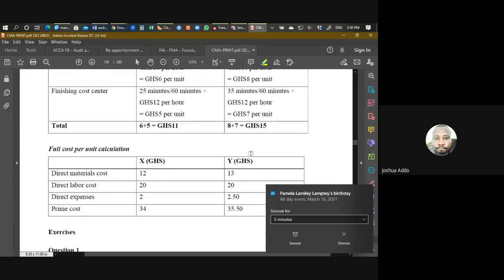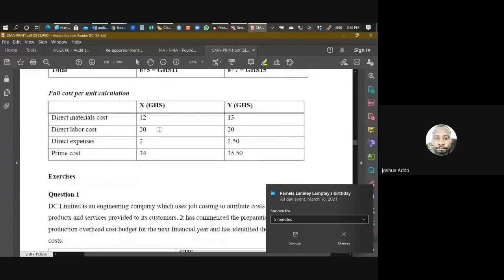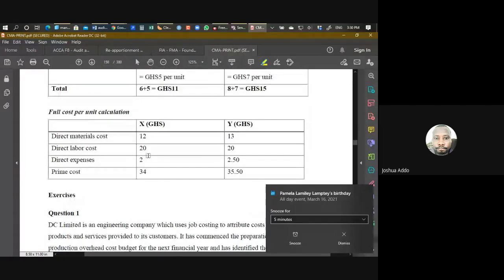So now if we are given the prime cost data, direct material is 12, direct labor is 20, direct expense is 2, giving us a prime cost of 34, we just add the production overhead cost per unit. So X will add 11 to this 34. Okay, so this solution is not even complete. We have to add 11 to this 34.